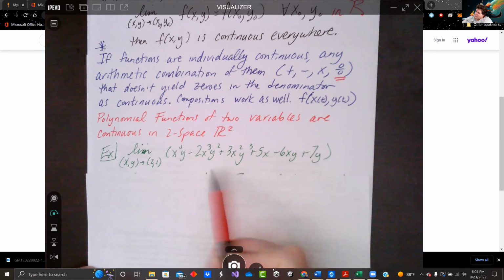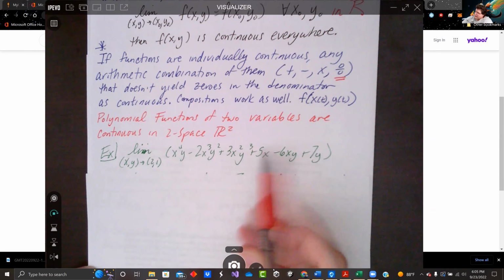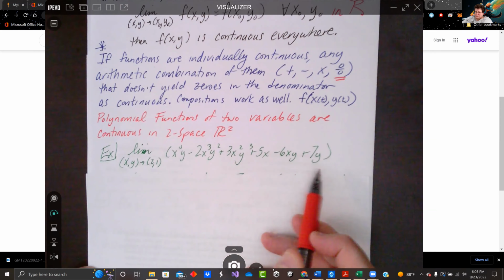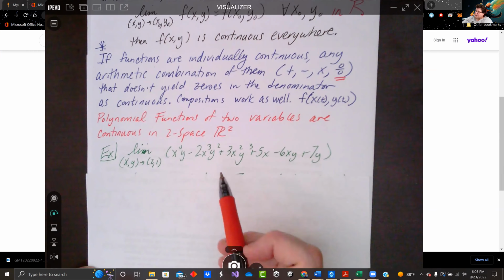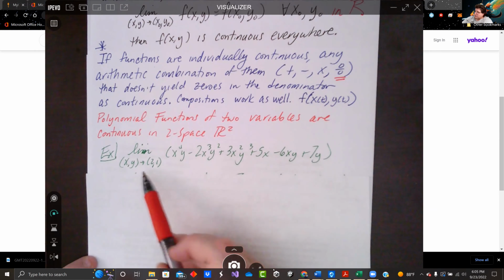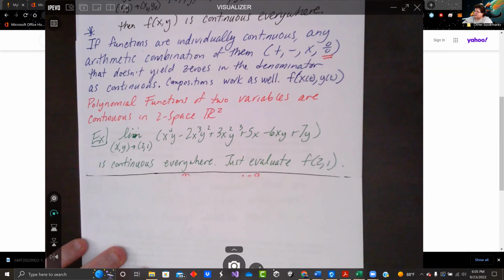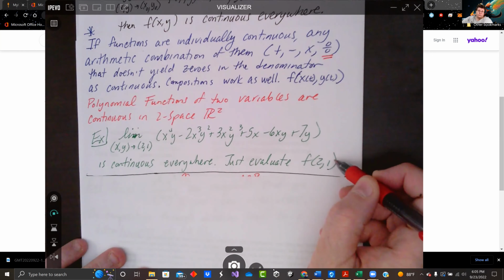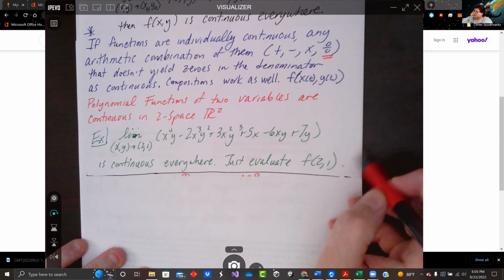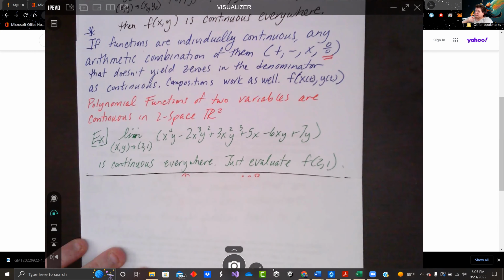If we look at them individually, x to the 4th, the y, they're all continuous. So the product of them and the addition of them is continuous, which means we can just plug in 2, 1 and get the limit. We just evaluate f of 2, 1 by plugging those in. I didn't do that here. That's just some tedious math right now.